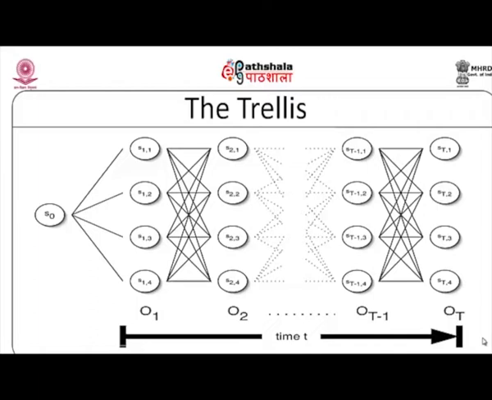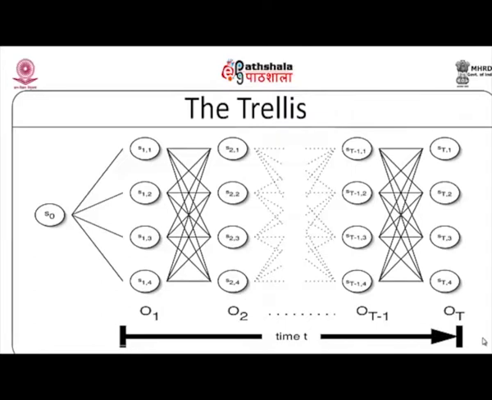Now, normally this hidden Markov model is represented using a trellis. This is the trellis diagram. You have an initial state S0, and from S0 you can go to S11, S12, S13, S14. This is just to tell you that it is at state 1, 2, 3, 4 at time 1.